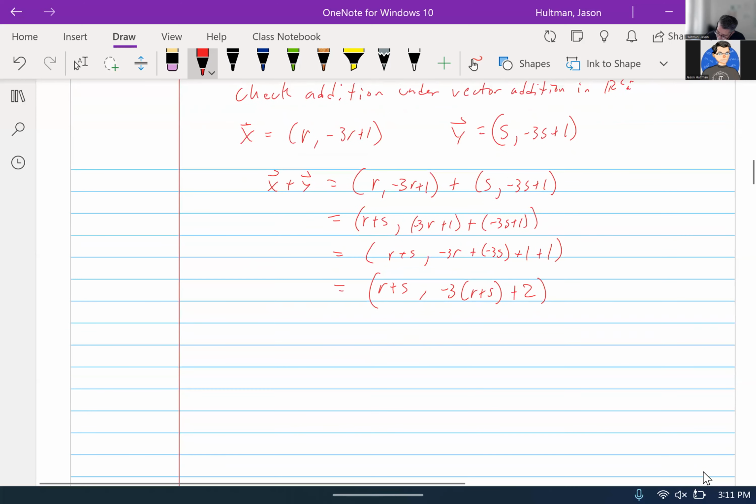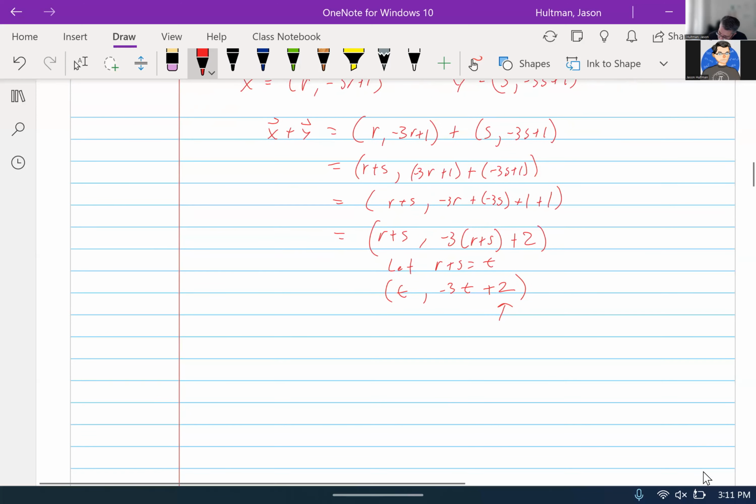If I let R plus S equal T, I would get T, negative 3T plus 2. And I'm not getting a 1 there, so it's not closed. It doesn't have the same property as what we started with. So this is not closed under addition, and therefore it is not a subspace of R2.